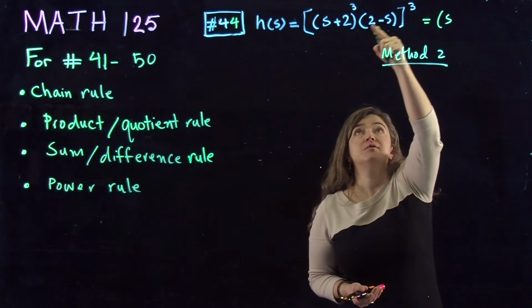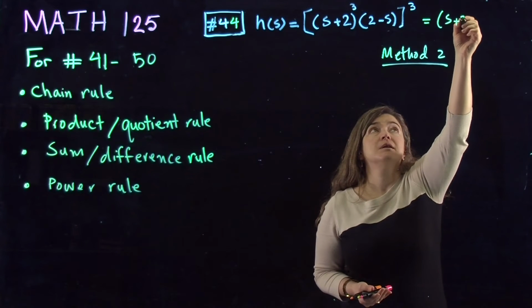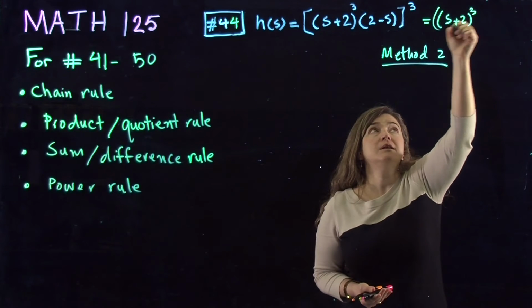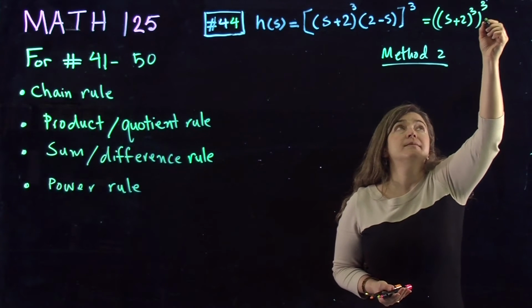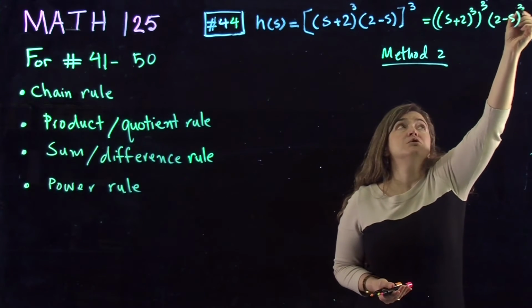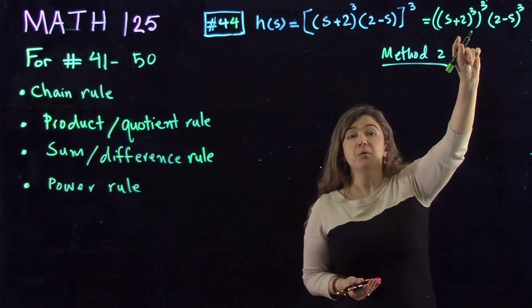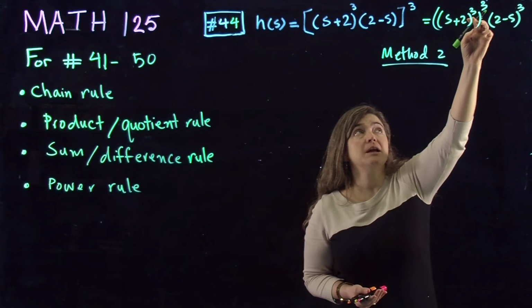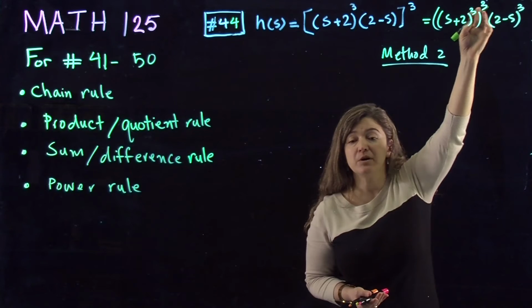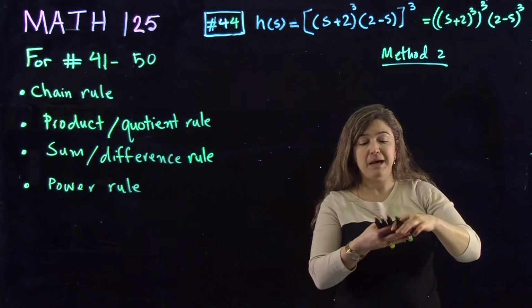And so it becomes a product, first of all, s plus 2 to power 3, then to power 3, then 2 minus s to power 3. One more simplification: if I have a base to a power to another power, I can multiply the powers.